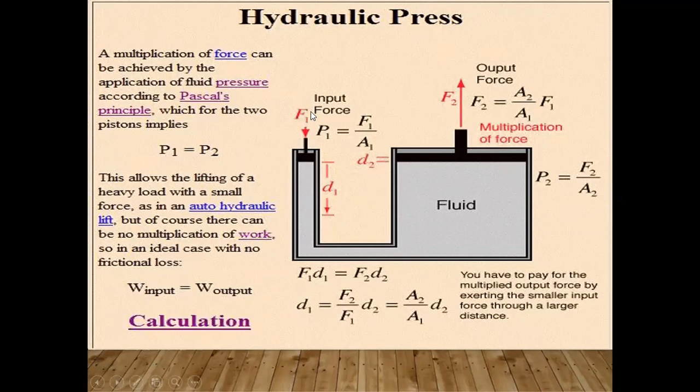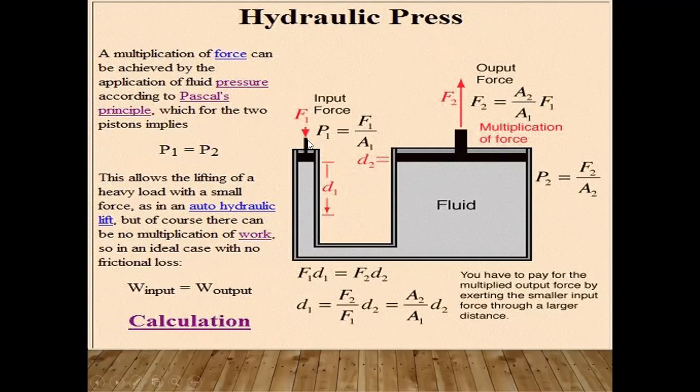We apply the force over here, that is called the input force, also called the effort applied, and we get the resultant force over here, at the large area of cross-section, which is connected through the liquid. The liquid is incompressible.